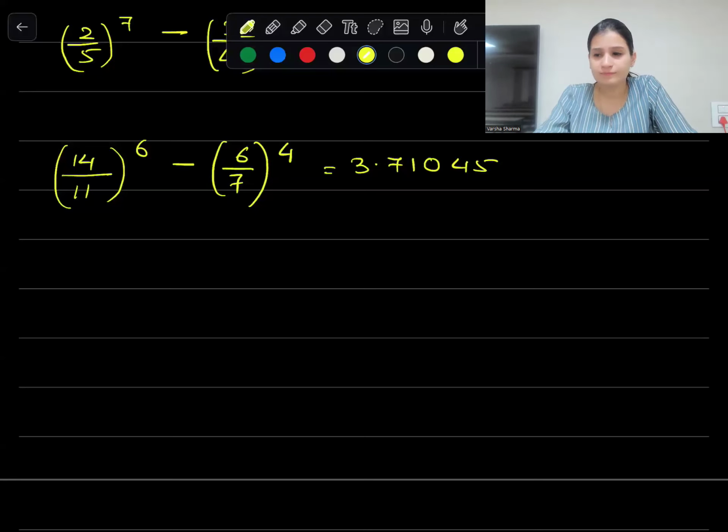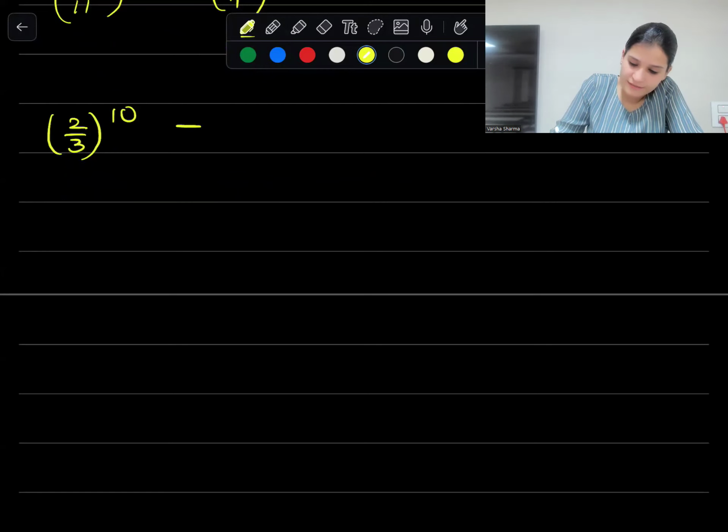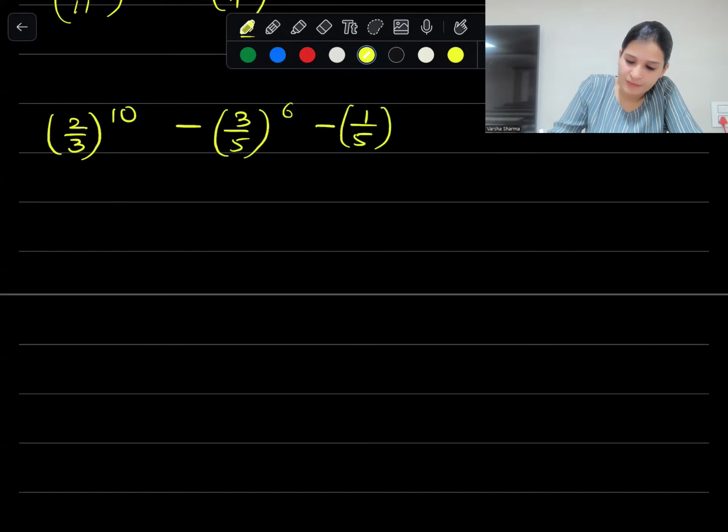Okay, find out 2 by 3 power 10 minus 3 by 5 raised to power 6 minus 1 by 5 raised to power 3. Calculate.